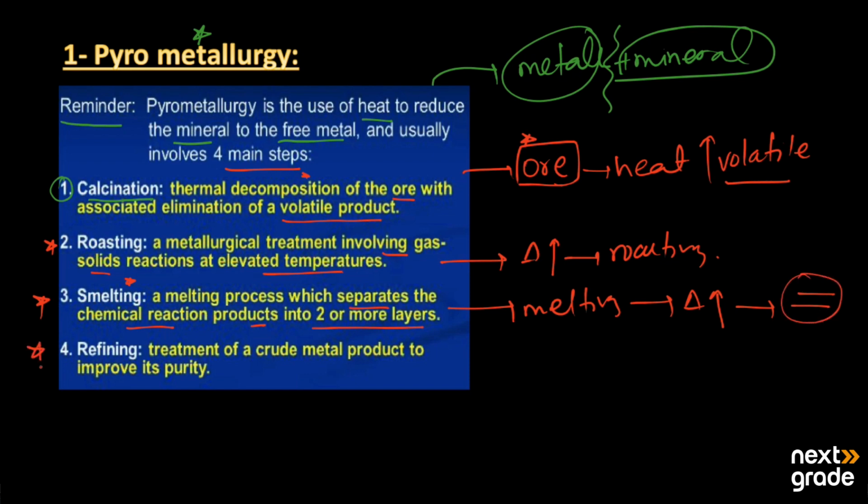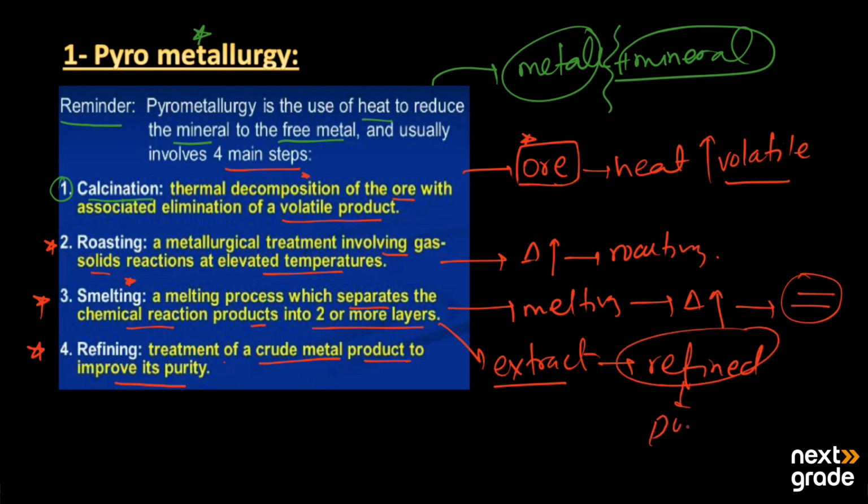The last one is refining, which is the treatment of the crude metal product to remove its impurities. When the metal has been extracted by the smelting process, it is refined or purified, and all the impurities are removed from it. This is known as pyrometallurgy.